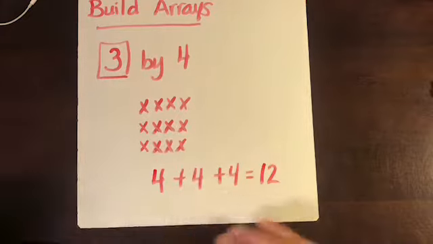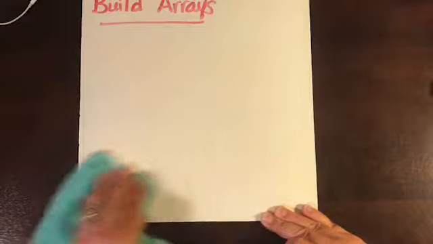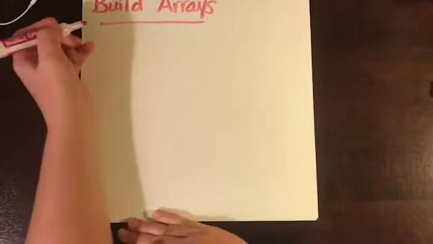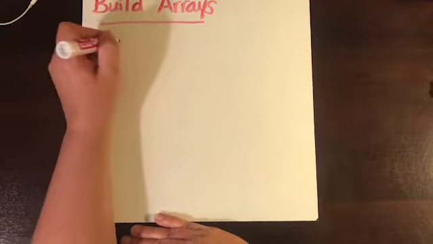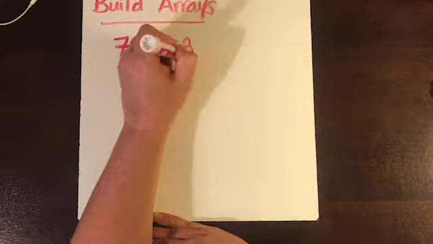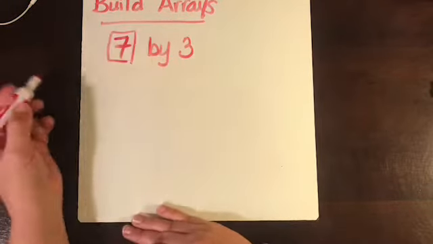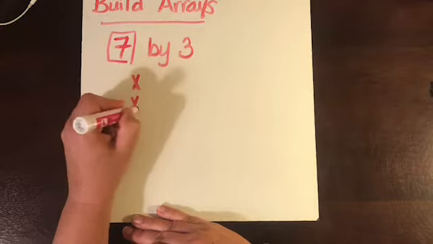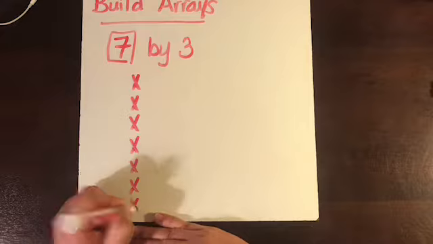All right, let's practice one more. We're going to practice one more easy one, I think, and then I'll make you do a hard one. All right, so let's do a 7 by 3 array. So how many rows? 7. 1, 2, 3, 4, 5, 6, 7.